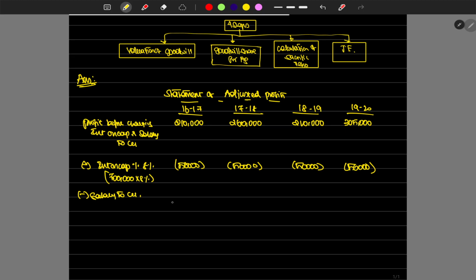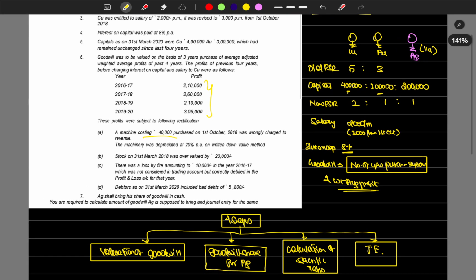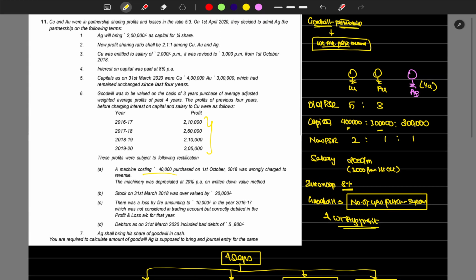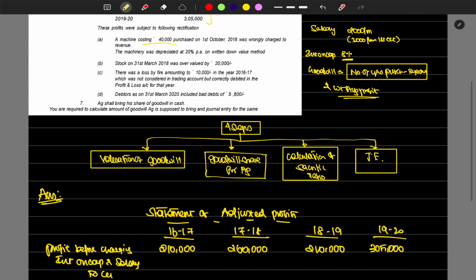Salary to CU is 2,000 into 12 months. In 2018, there is a change: from 1st October 2018 it was revised to 3,000 per month.